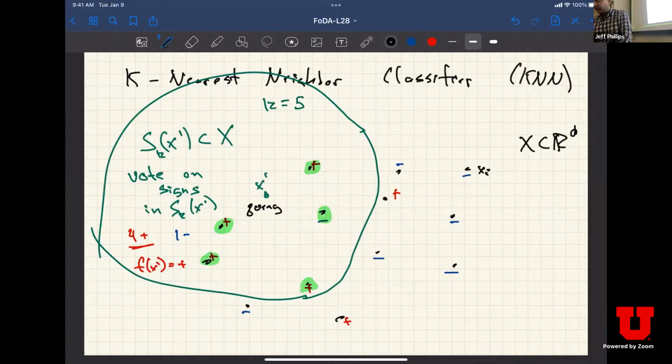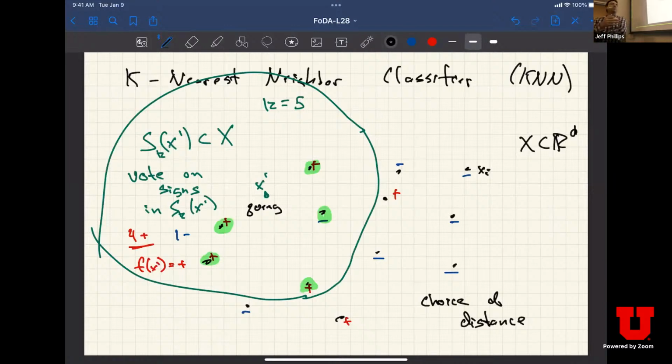One interesting thing to keep in mind here is this works for any notion of distance from the query. I've defined the 5 closest points using the Euclidean distance.